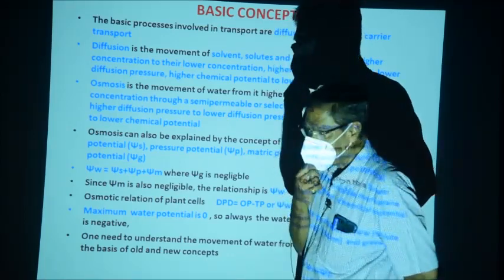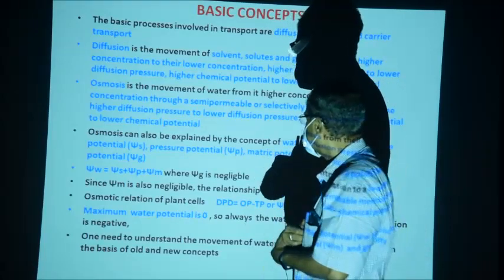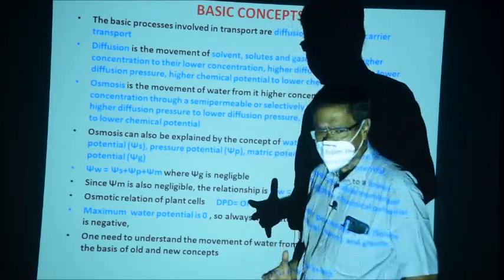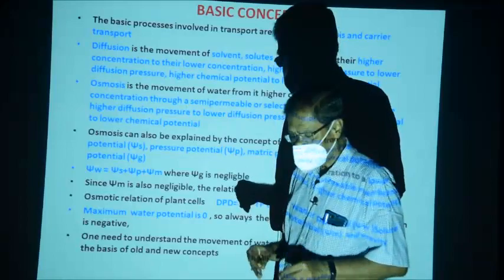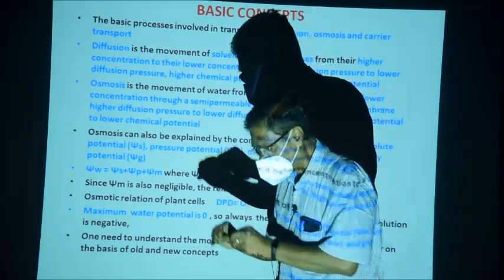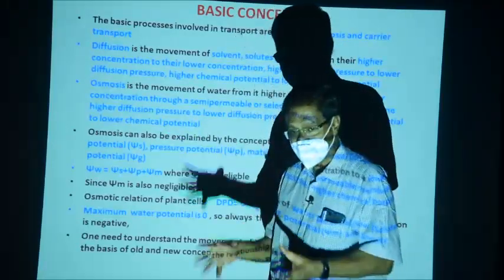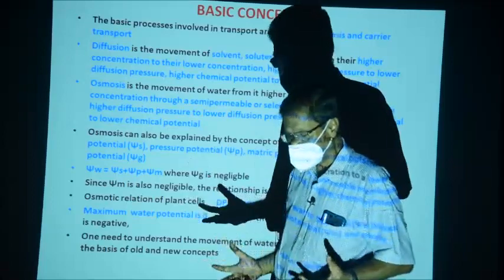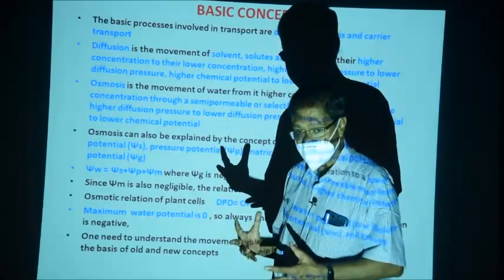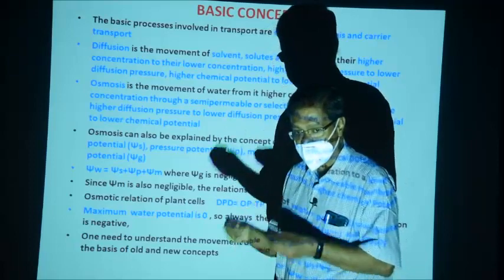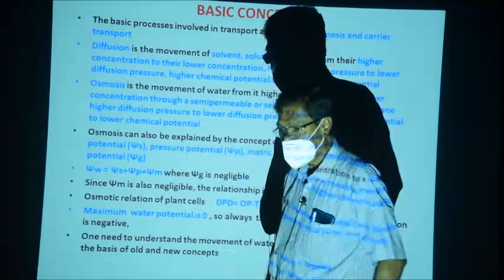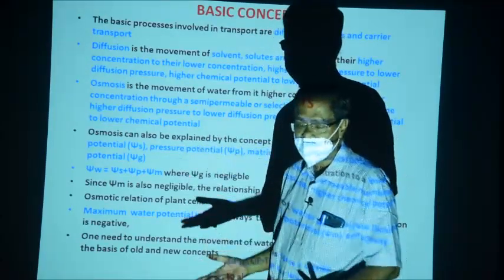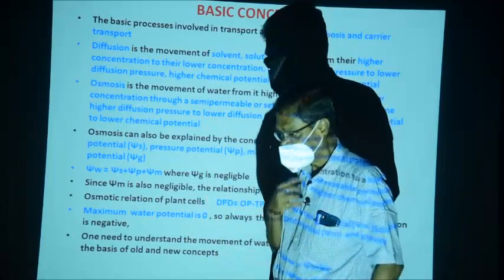Now, what is this diffusion pressure? Diffusion pressure is the pressure by which the molecules move. What is chemical potential? The same thing, the chemical potential by which the molecules move from one place to another. Chemical potential can also be said as free energy.